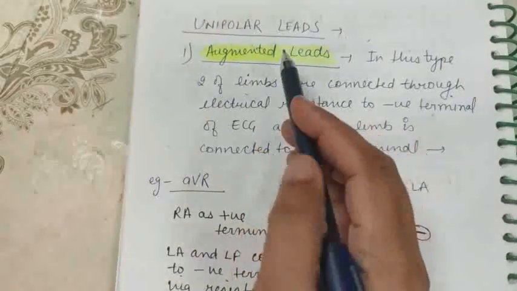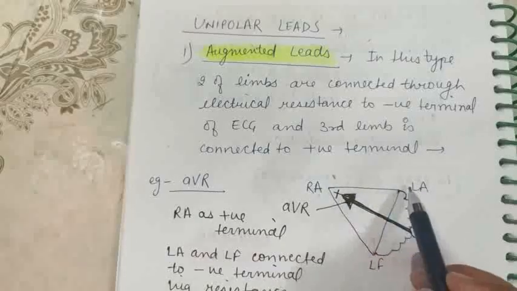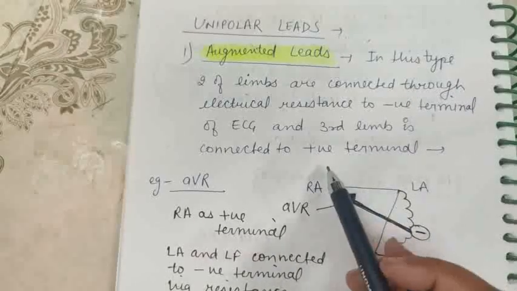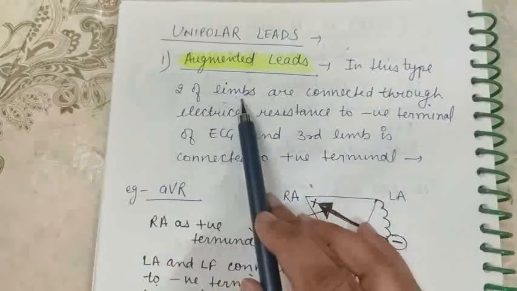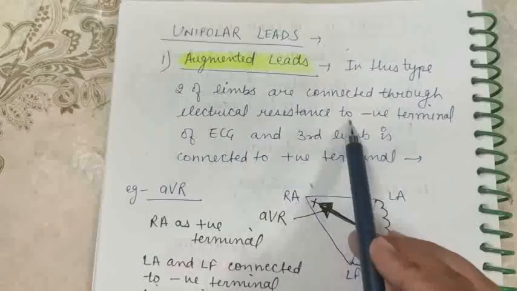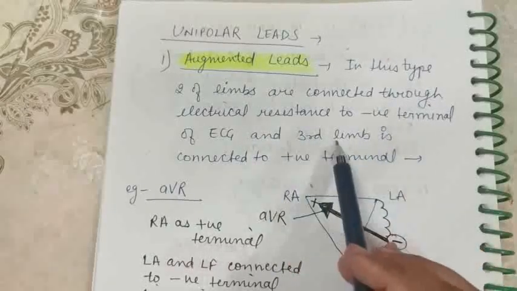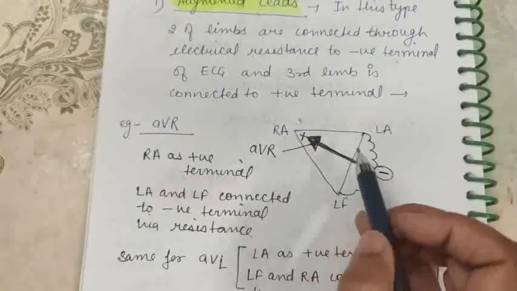Now talking about augmented leads first. These are AVR, AVL, AVF, right? So we have to see how these are derived. In this type, two of the limbs are connected through electrical resistance to the negative terminal, and the third lead is taken as positive, which is the active electrode.